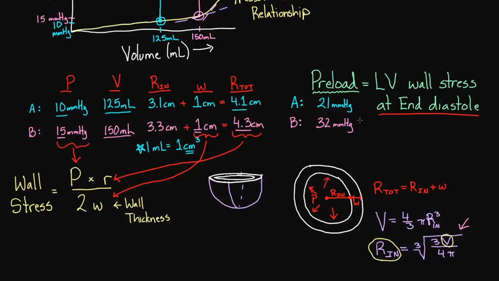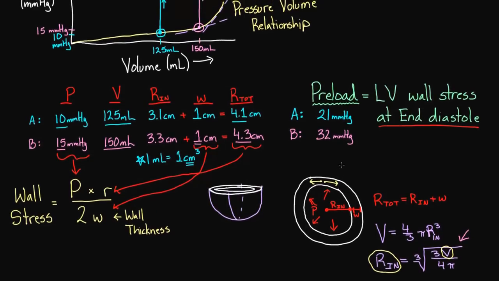And so you can see that going from situation A to situation B, and let me draw on my donut here what the wall stress is. Remember, wall stress is the force over area pulling the heart muscle apart. And that makes sense, right? At the beginning of contraction, when the heart is about to contract, how much stress is there on the wall?